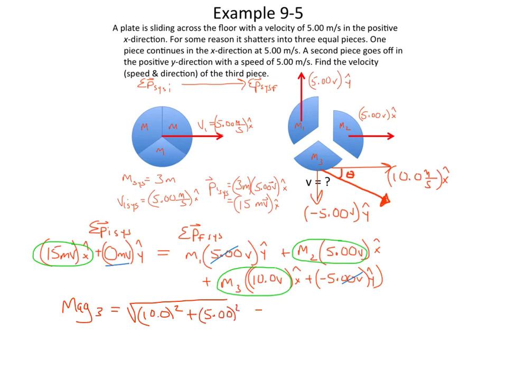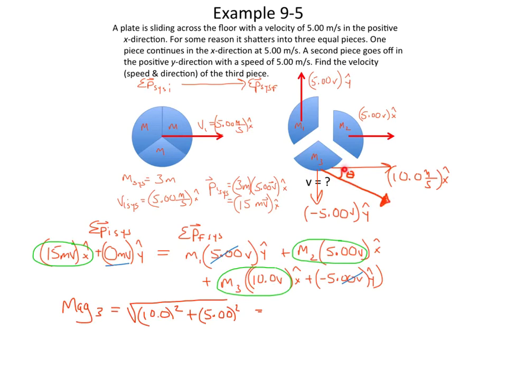And that's going to give us the magnitude of the full speed of mass 3 shooting off down at that angle right there. I'll wait to grab my calculator until we set up the direction, the theta right here, and then we'll solve everything all at once.